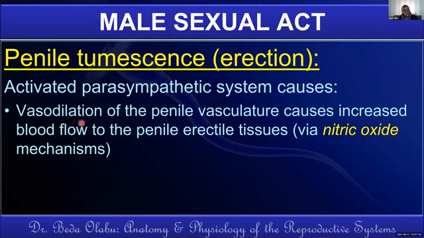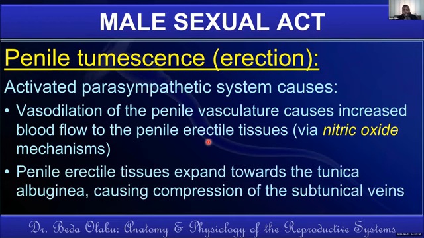So vasodilation does what? Vasodilation causes blood to flow more into the penis. So there's more blood flow into the erectile tissues, and the corpus cavernosum and corpus spongiosum expand.